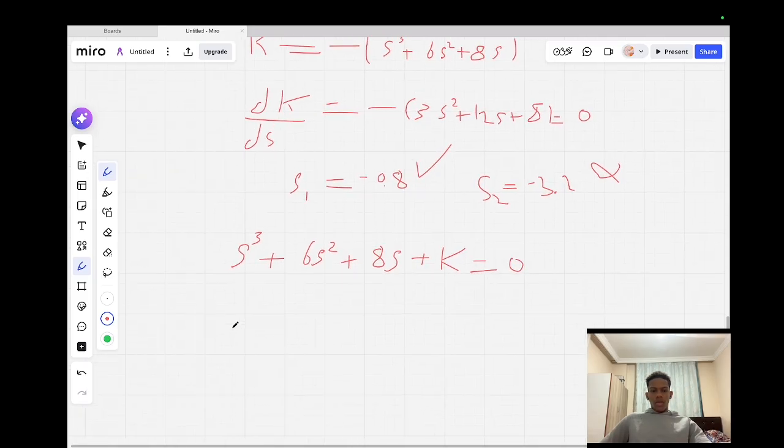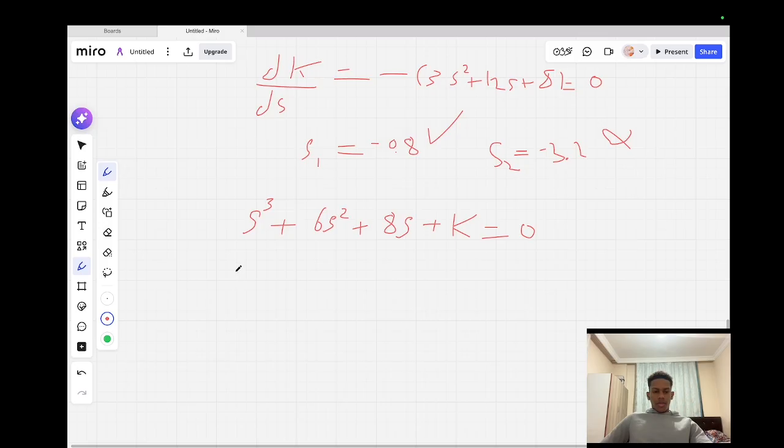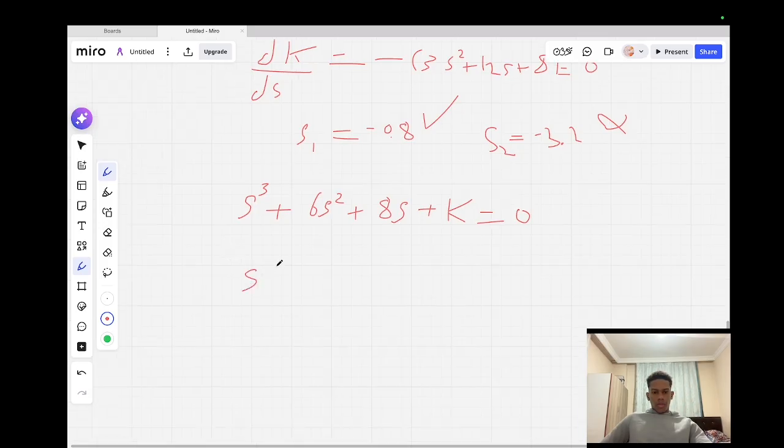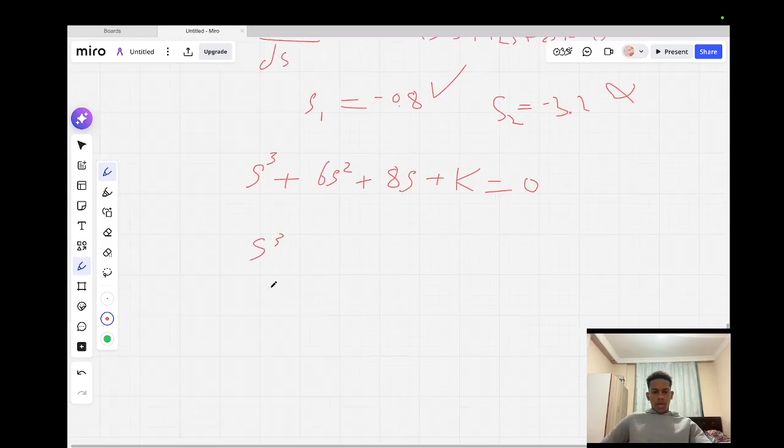And by using the Routh rules, we find the range of k.